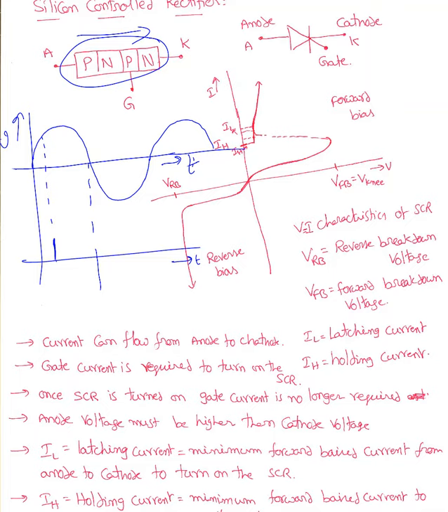At that time I'm triggering the gate voltage, then it will act like a closed switch, and once it is triggered, the trigger voltage is no longer needed. So whenever you see the input here, for the negative half cycle, current cannot go through cathode to anode, so we don't see any negative half cycle.